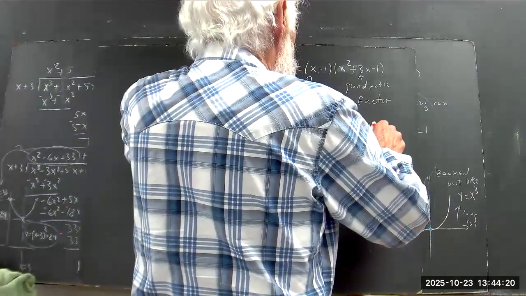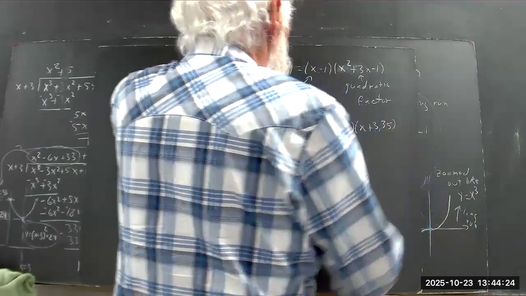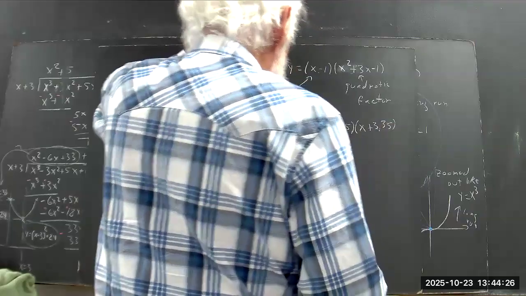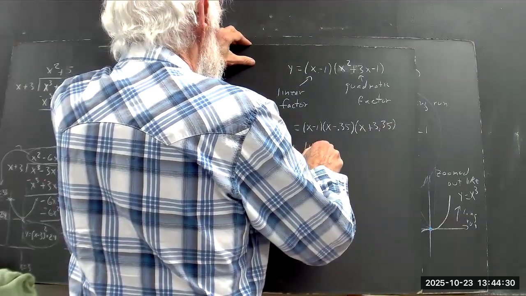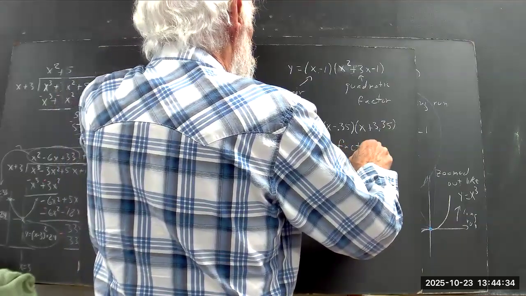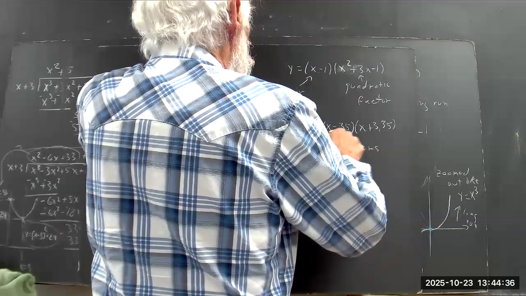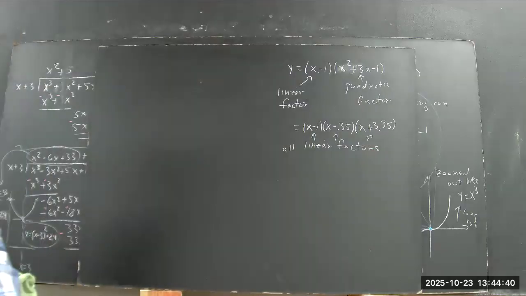And then x plus 3.35. These are all linear factors. Okay.